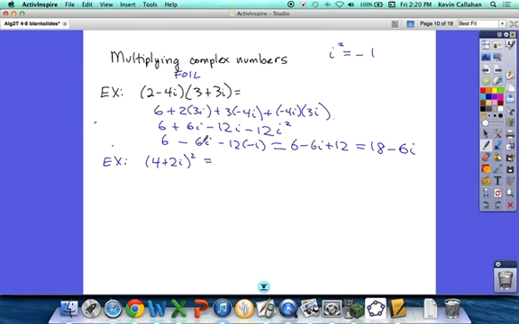How are we going to do 4 plus 2i in parentheses squared? Write it twice, right? Write it like 4 plus 2i times 4 plus 2i. Okay, FOIL it. 16 plus 8i plus 8i plus 4i squared.